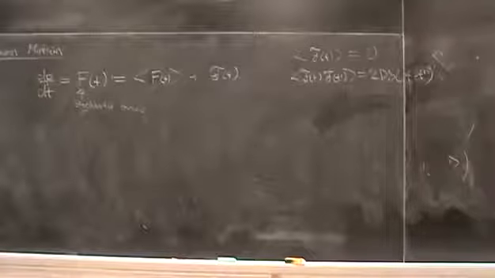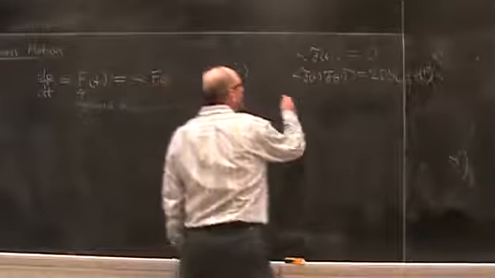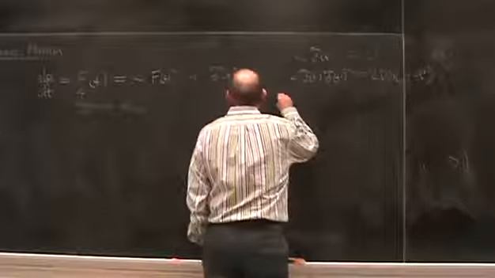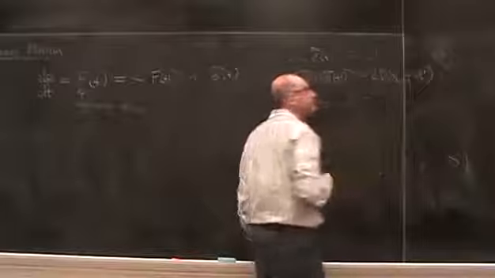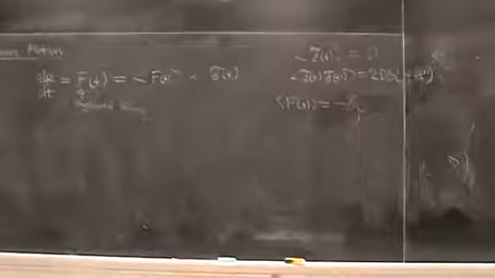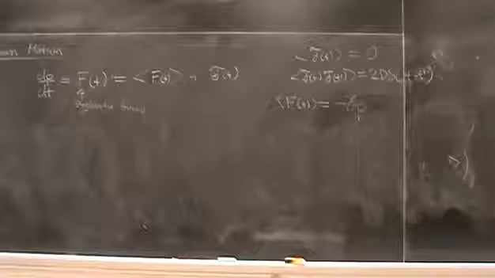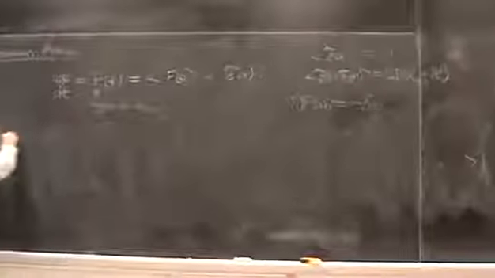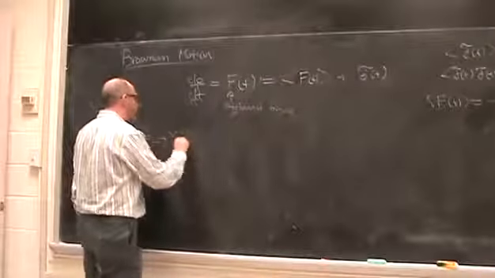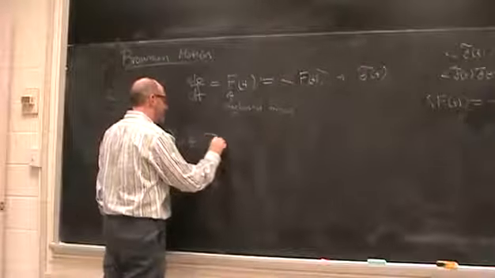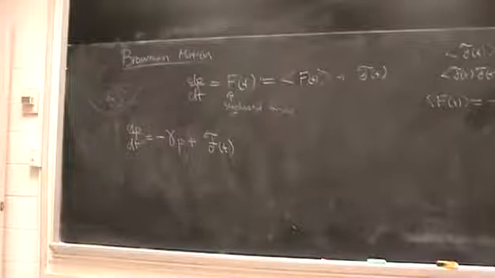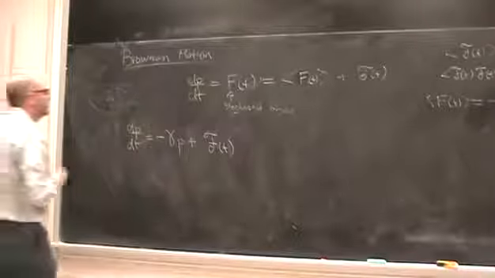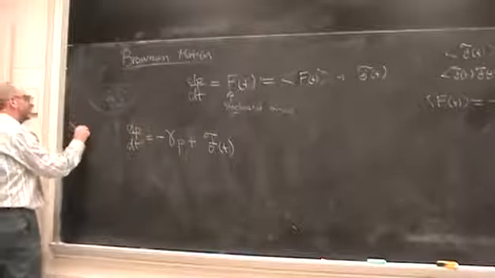And the mean force gives rise to viscosity, or damping. So our equation of motion takes this form, which Langevin wrote down after Einstein, a reformulation of Einstein's statistical approach. This is what we call a stochastic differential equation.